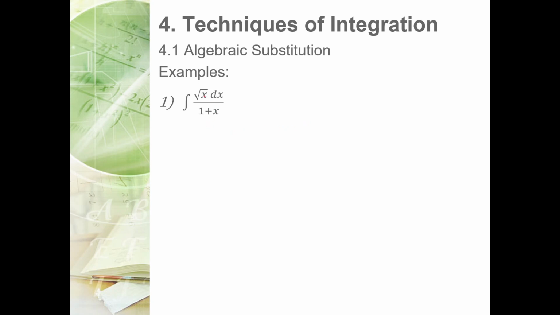We have the integral of square root of x dx all over 1 plus x. If you use simple U sub, let's say u is equal to square root of x.